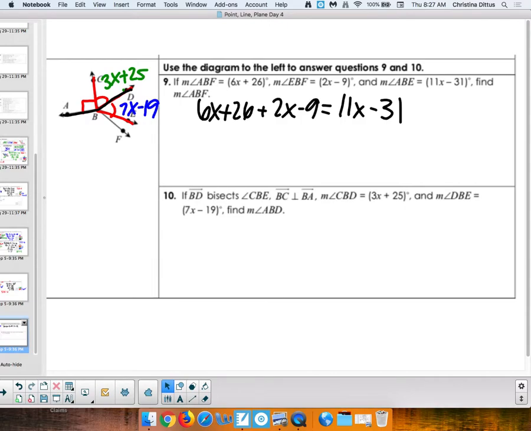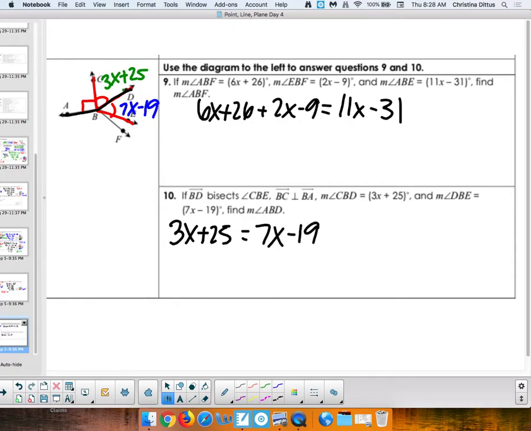Well, it wouldn't tell us something about bisects unless we used it. You got an idea? 3x plus 25 equals 7x minus 19. Yeah. Our green and blue have to be equal because BD bisects. Bisects means it makes equal things. Since they're equal, we set them equal. So 3x plus 25 equals 7x minus 19.